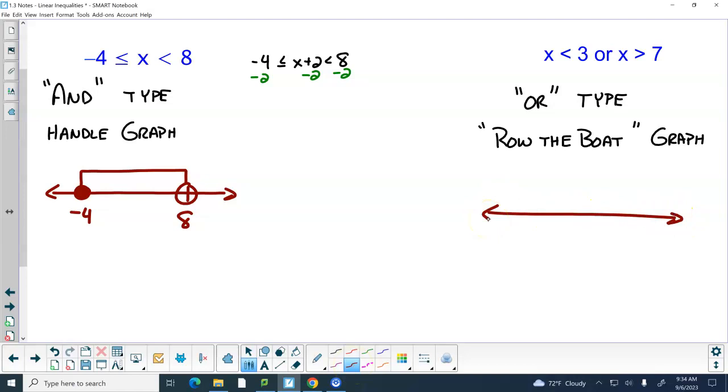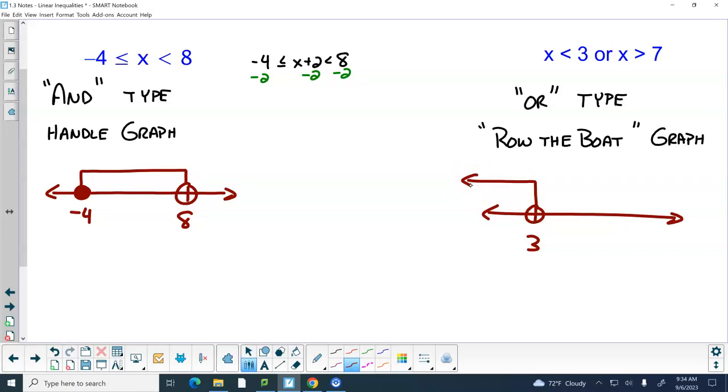Okay? You'll see why when we get to the graph. So after we're done solving them, we have a number here at 3. Do we have an open or closed dot at 3? Open. Is my arrow going left or going right at 3? Going left. Do we want numbers smaller than 3?